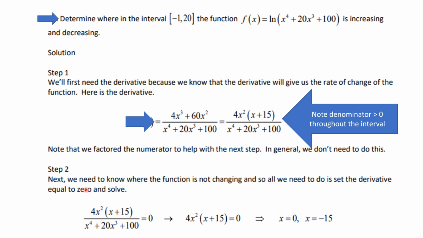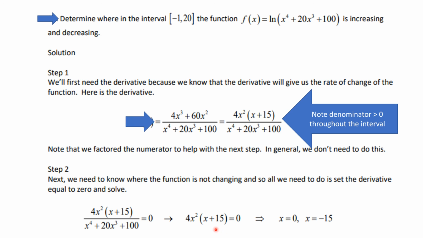Okay, so we need to know where the function is not changing, and then we know when it is negative and when it's positive. So we're going to set the derivative equal to 0, where it's not changing, and solve. Now the denominator is never 0 in that interval; in fact, it's always positive. And the numerator is equal to 0 when 4x squared times the whole of x plus 15 equals 0.